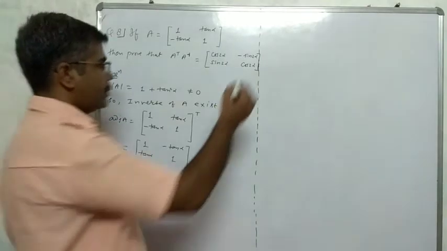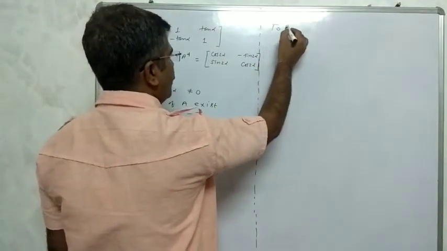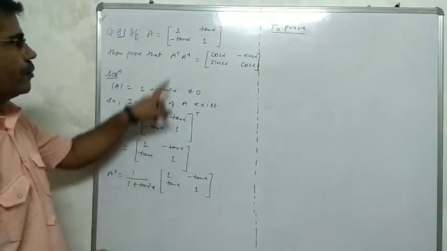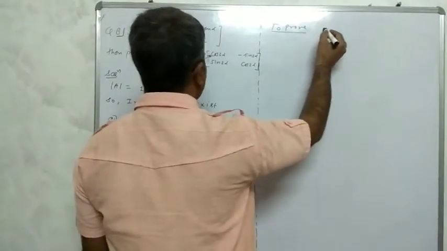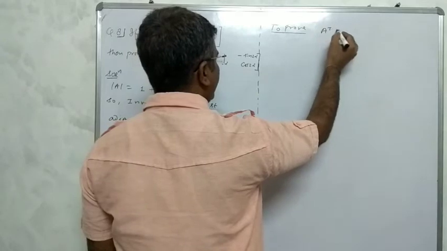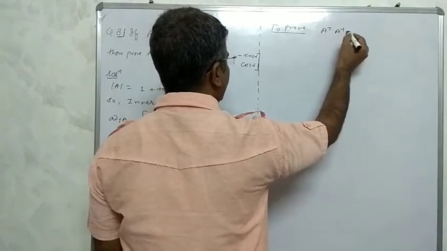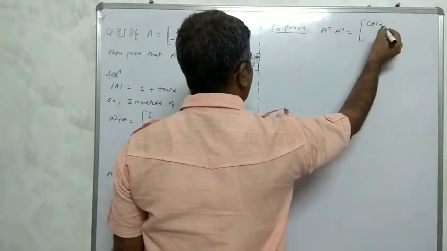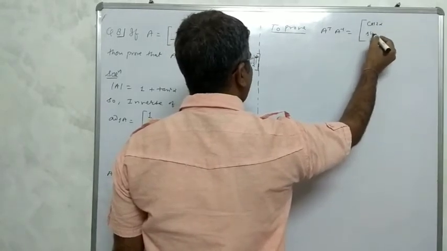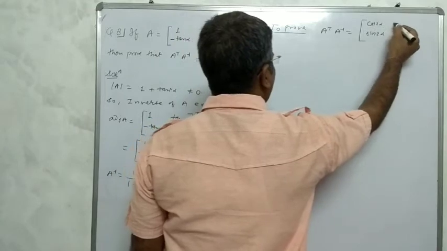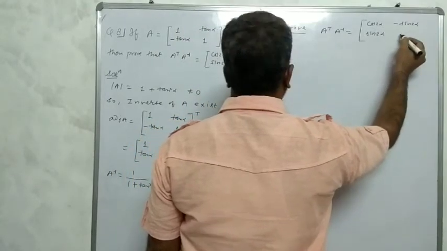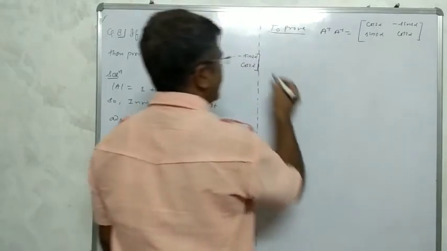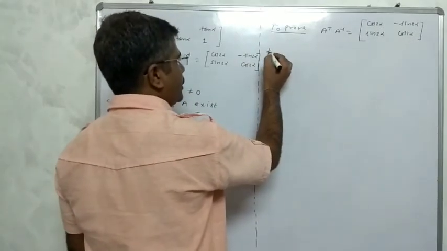Now we prove that transpose of A into A inverse equals [cos 2 alpha, sin 2 alpha; minus sin 2 alpha, cos 2 alpha]. We take the LHS.